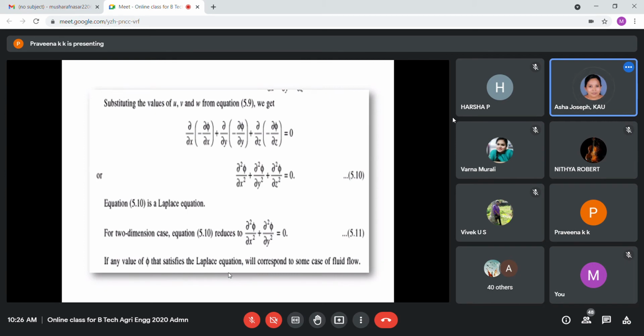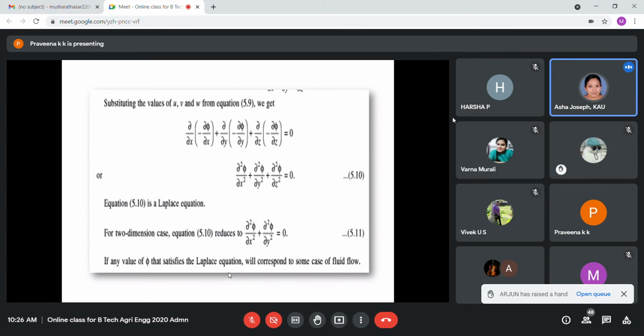When you take the second derivatives, add them, and get 0, that means it satisfies the Laplace equation. If any value of psi satisfies the Laplace equation, that corresponds to a fluid flow. That means if you substitute these derivative values here and add, and you get 0, then it is a case of fluid flow. We'll do some problems based on this Laplace equation, so that time you'll be able to understand it.